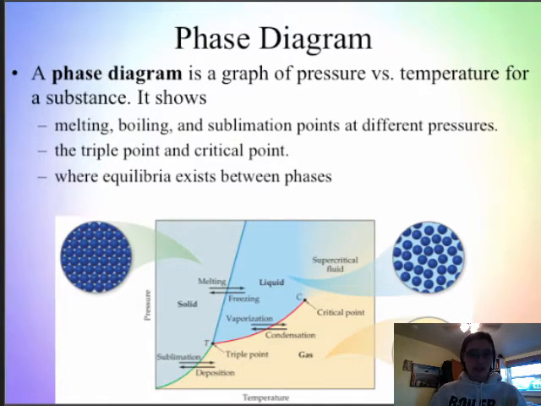You can see solid, liquid, gas, and where it melts at different pressures or temperatures. All of this is based on reading a phase diagram. So can you read a phase diagram? Can you tell at a specific pressure what temperature we're at, things like that?